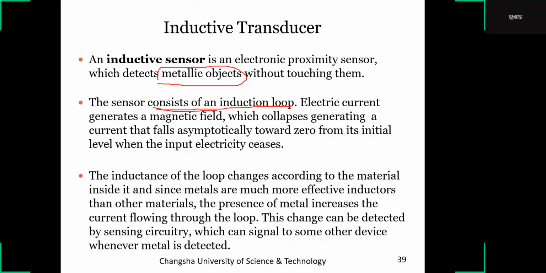Electrical current generates a magnetic field which collapses, generating current that falls typically towards zero from its initial level when the input electricity ceases.